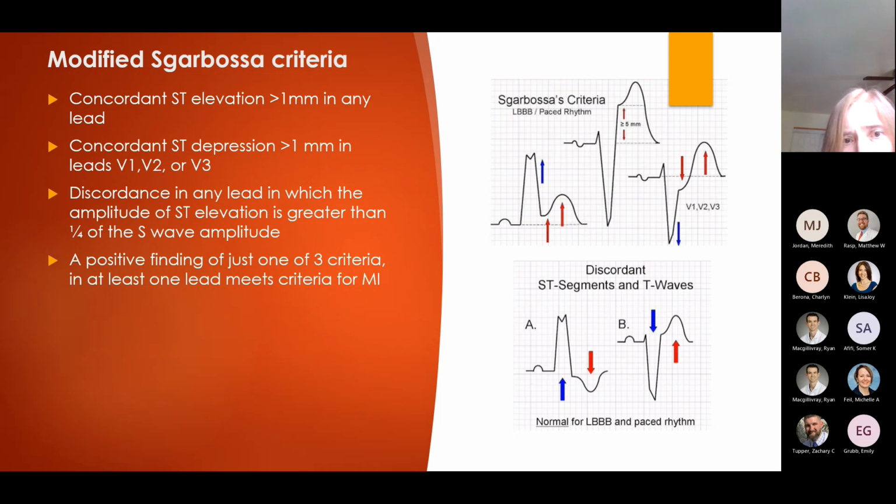Concordant ST depression has to be more than one box in leads V1, V2, and V3. Or discordance, the opposite: you see the QRS opposite, so you have to have ST elevation greater than 1/4 of the S wave. So 1/4 is the clue here. As I said, a positive finding of just one of these three criteria would meet criteria for MI.